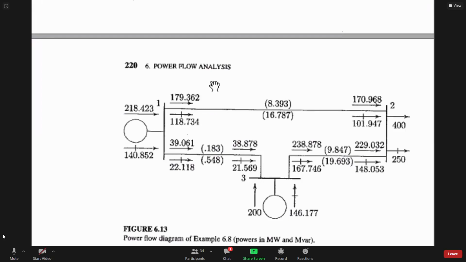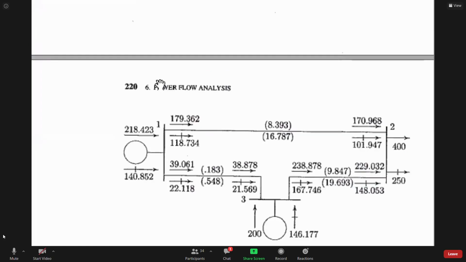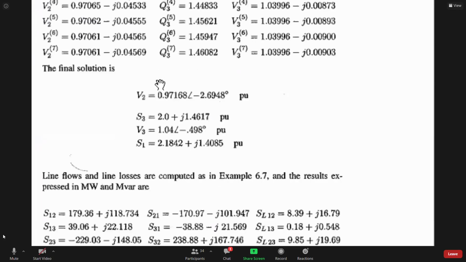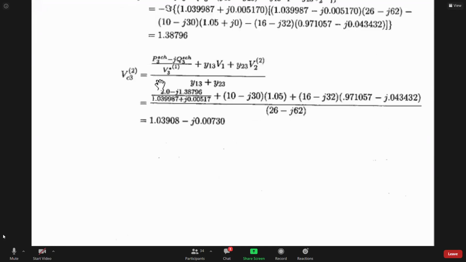So you have to practice, otherwise you may not get sufficient time in the exam if you just go through it. Already it is solved, but try to solve it by your hand.